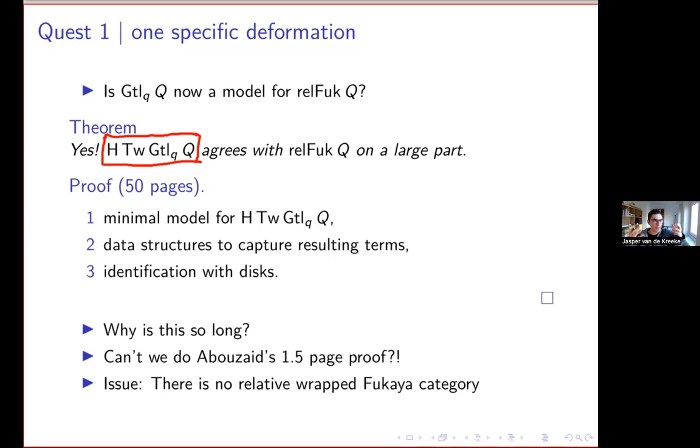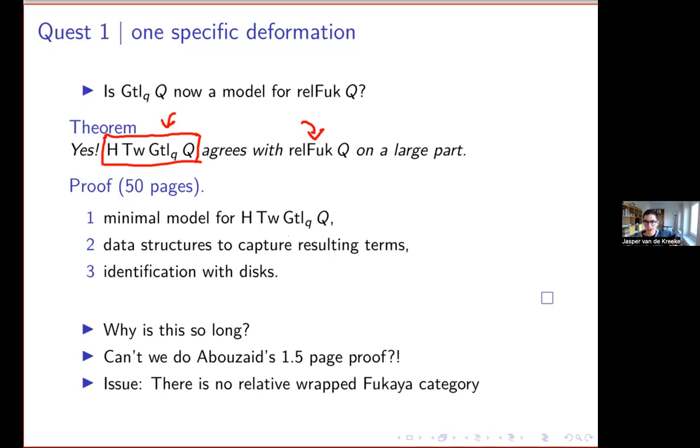So you need to compute the entire A infinity deformation, the entire A infinity structure on this deformed derived category, which is huge. But finally, through all these data structures, I was able to identify the higher products on this side with disks that cover punctures, so essentially with just higher products in the relative Fukaya category.